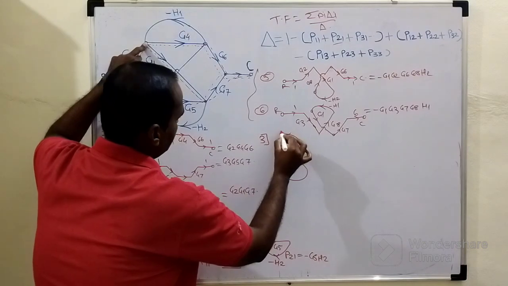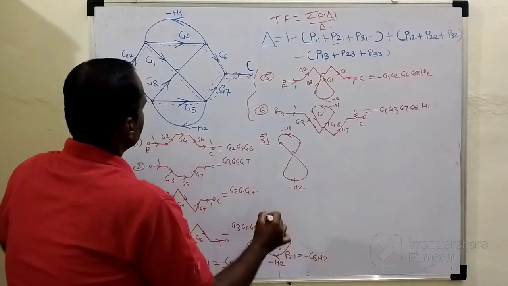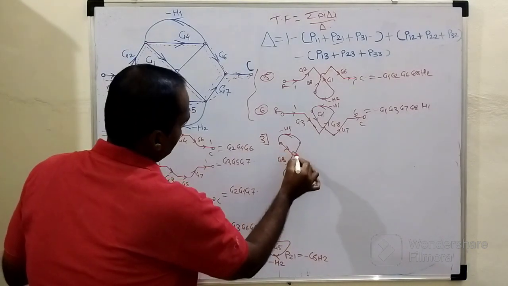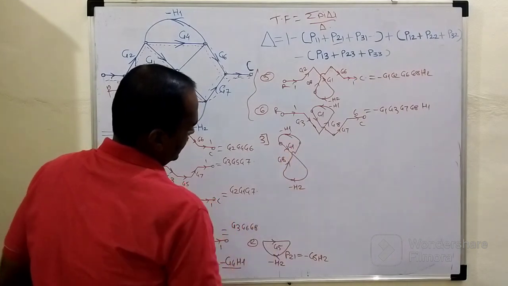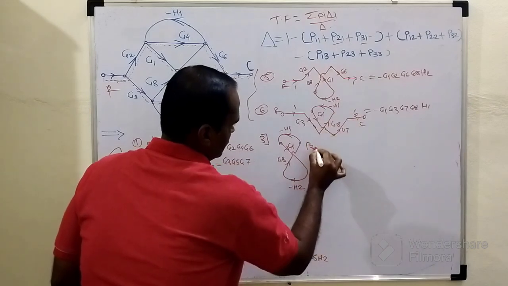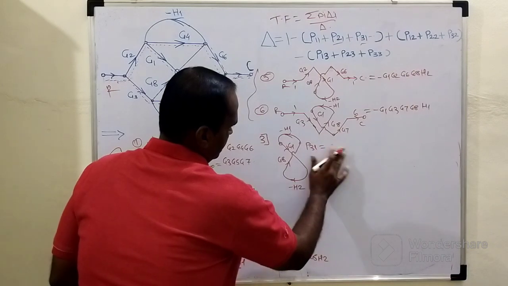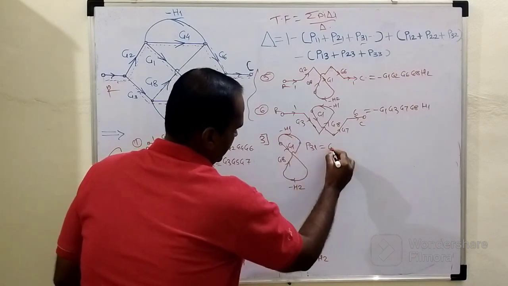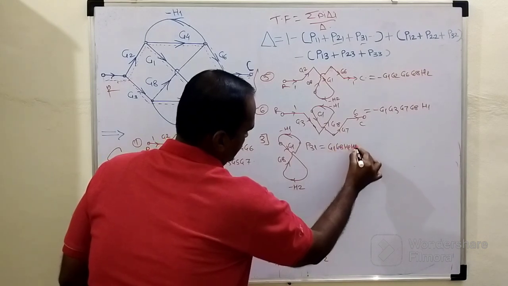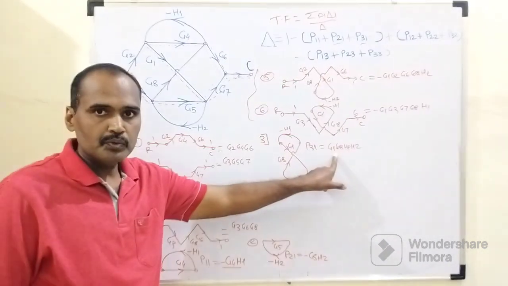These are the two feedback elements, minus H1 and minus H2, and the diagonal elements are G8 and G1. So here the overall gain can be called P31. P31 equals, this minus minus will become plus, as we have two feedback elements, so G1 into G8 followed by H1 into H2, right? So this will be the third loop gain.